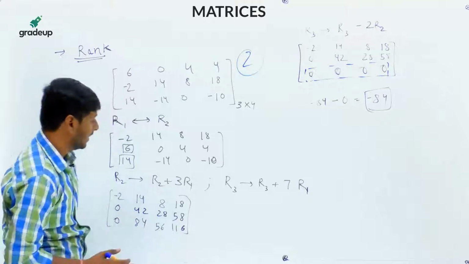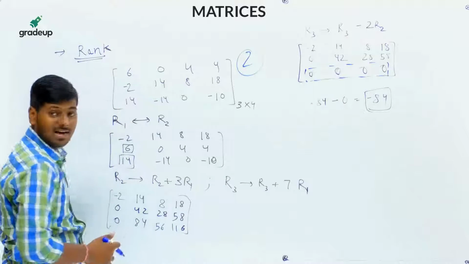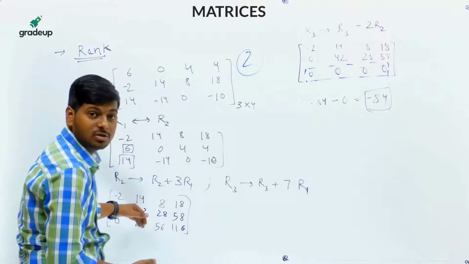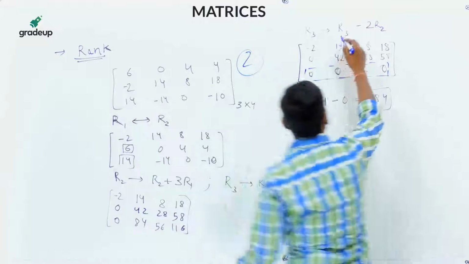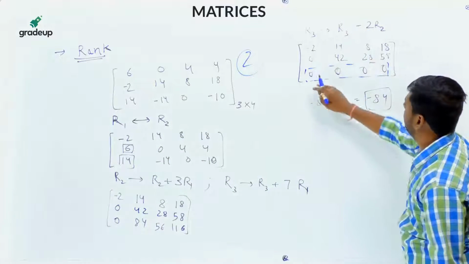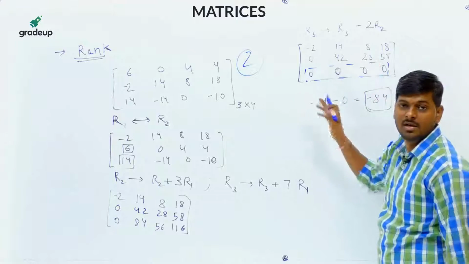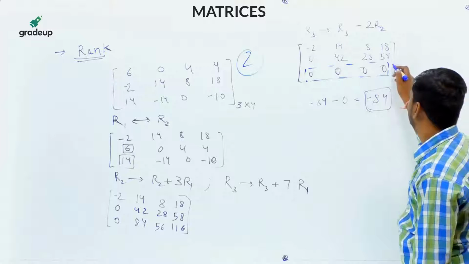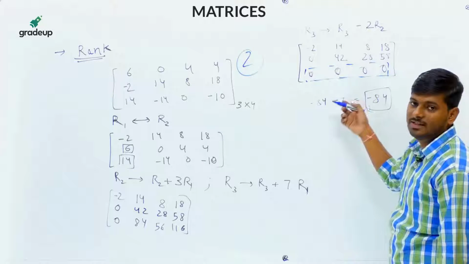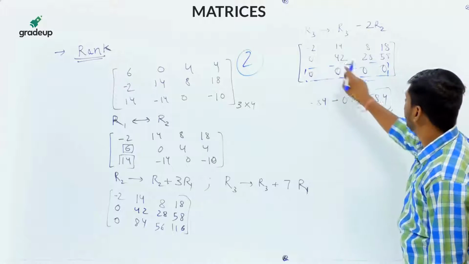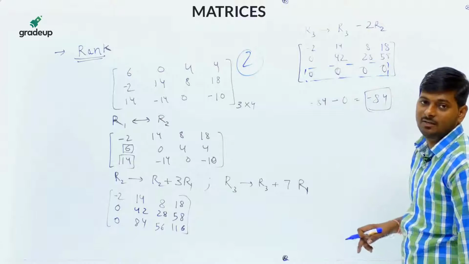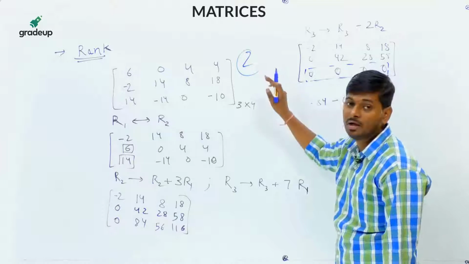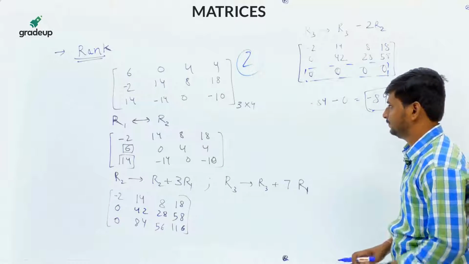So we get this matrix after applying these two operations. Then as we can see, the third row is twice the second row, so we applied the operation R3 is R3 minus 2R2. Then we get the third row as 0. The minors of order 3 are 0 and for the minor of order 2 we get minus 84. So the matrix is of rank 2, according to the definition that I have given you earlier.